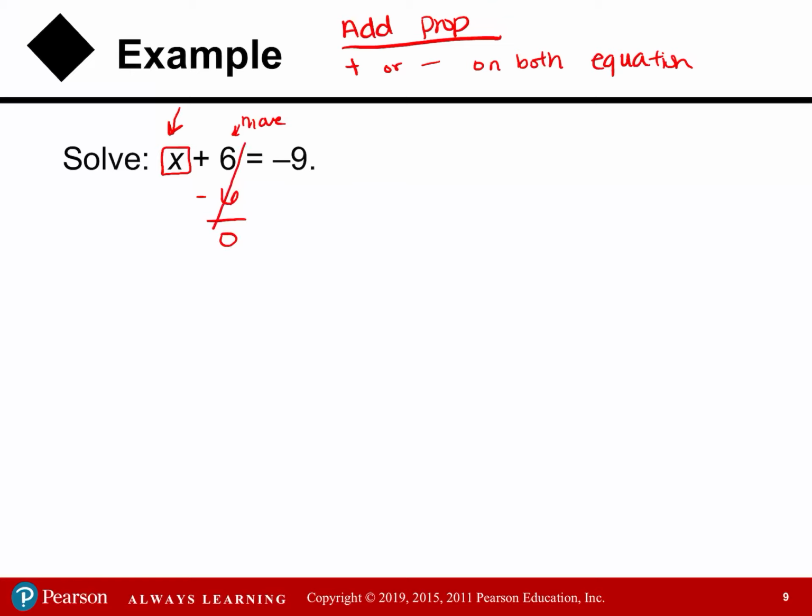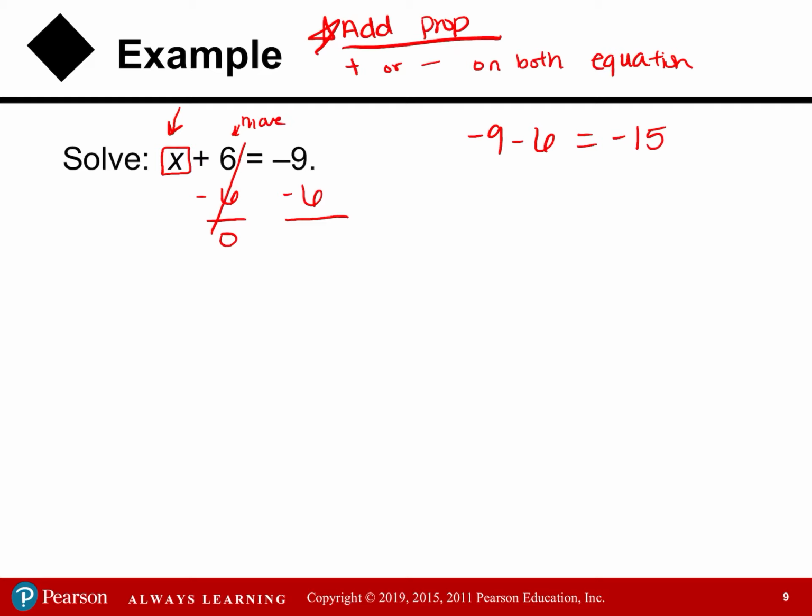Great, that would get rid of my 6. However, my addition property says that I have to do the same thing on both sides. So let's also subtract 6 from that negative 9. So I have negative 9 minus 6. And that gives us negative 15.